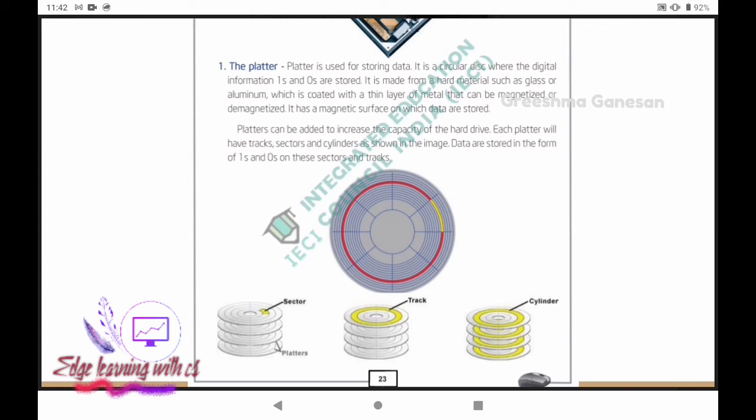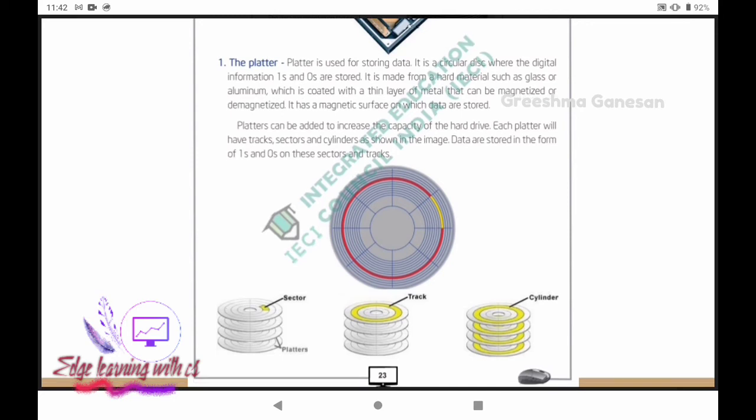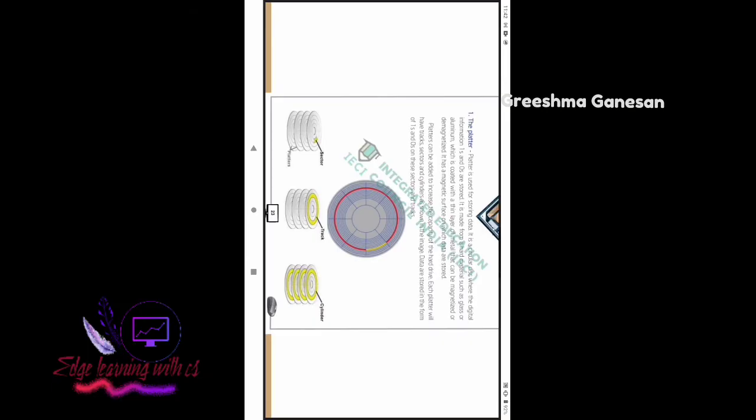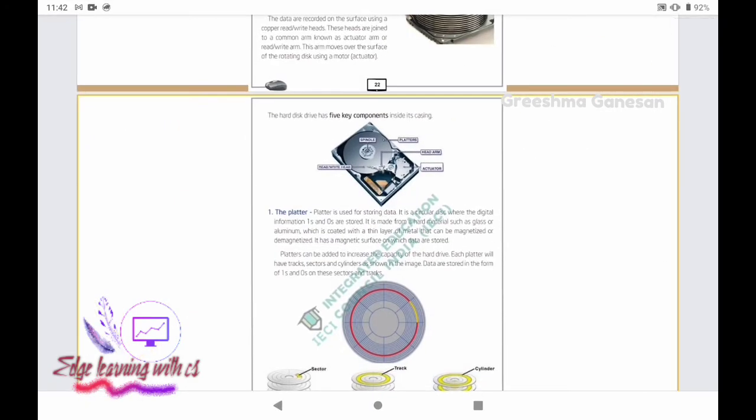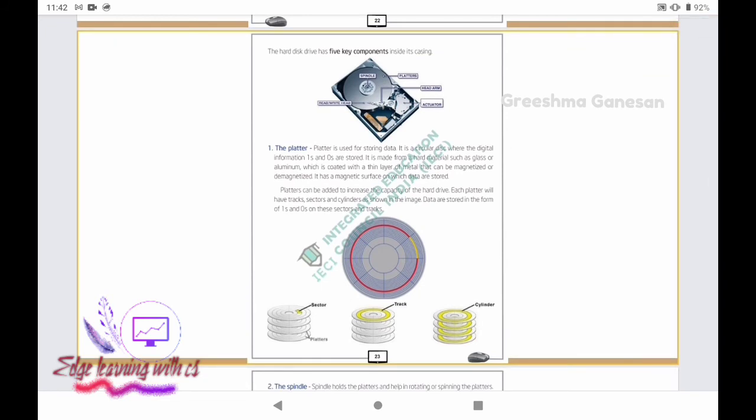Each platter will have tracks, sectors and cylinders. Let us check what they all are. You can see in this image we have a disc shape which is known as the platter, and in this platter you can view a small portion in the first image, the sector, and also we can have the next track.